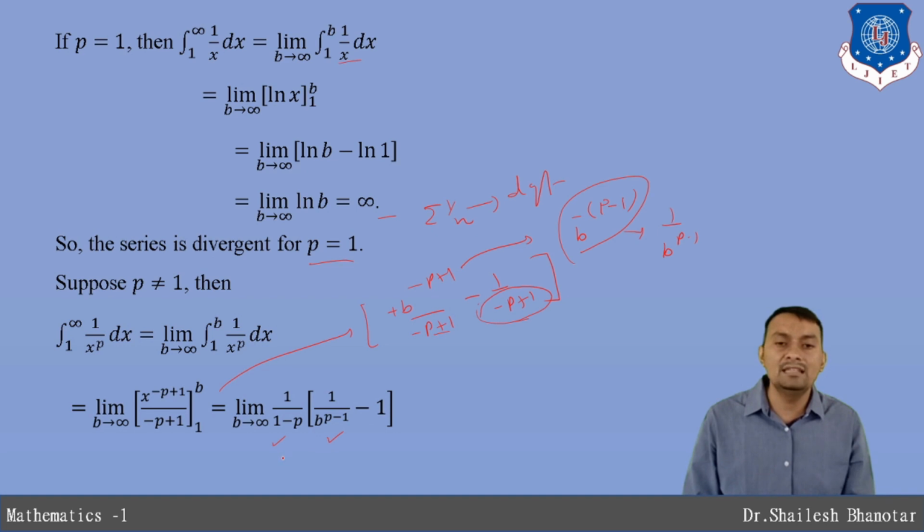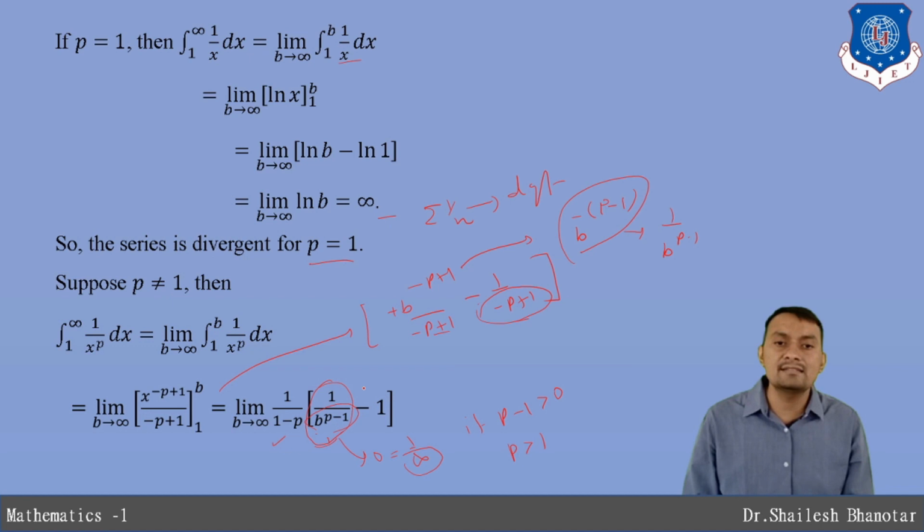When I apply the limiting concept, what am I going to get? This quantity I want to be 0, and this is going to be 0 if I put 1 divided by infinity. I want this quantity b raised to p minus 1 to be infinite if p minus 1 is greater than 0, that means p is greater than 1.